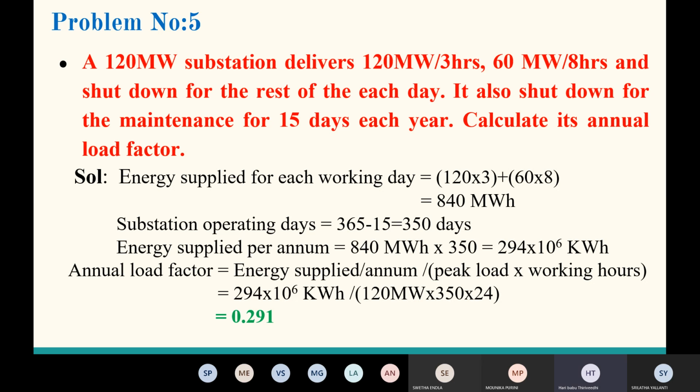This problem is also somewhat important; I think it was asked only one time in JN2 papers. That means 3 hours is 120 megawatt, 8 hours is 60 megawatt, and 3 plus 8 is 11 hours. So the substation operates only 11 hours, and the remaining 13 hours it will be at rest. That is the meaning of that.